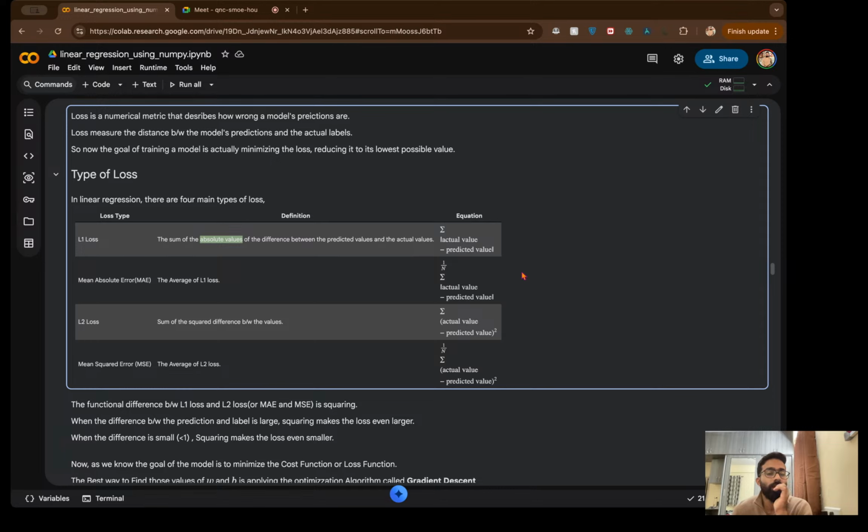We are not concerned about whether the model is giving a lesser or a greater value than the actual value. In the L1 loss also we will not get a negative value. In any of the losses we will never get a negative value.